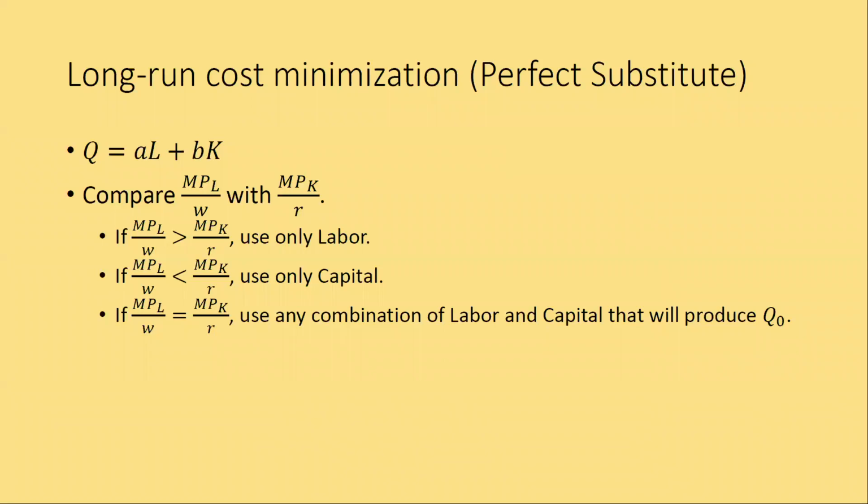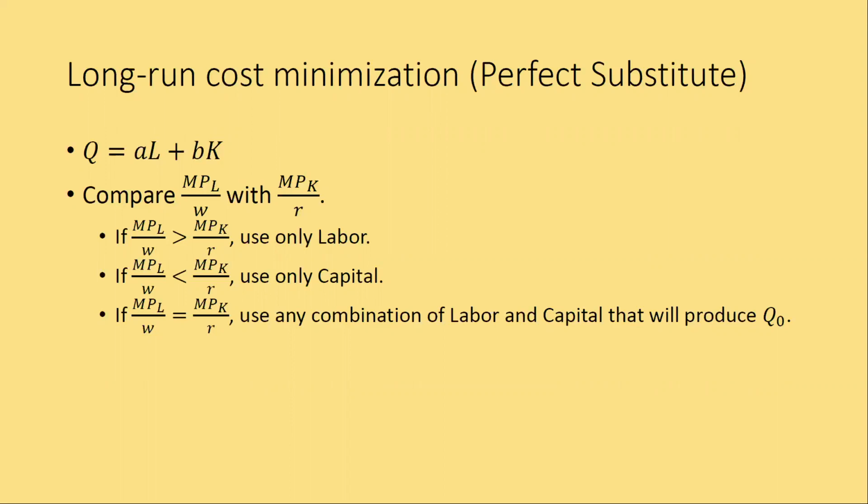So we can imagine that the MPL divided by W is the marginal product of the last dollar spent on employing labor. And the MPK divided by R is the marginal product of the last dollar spent employing capital.